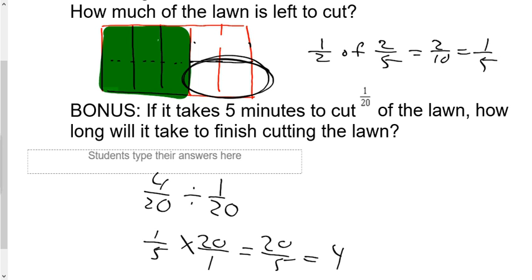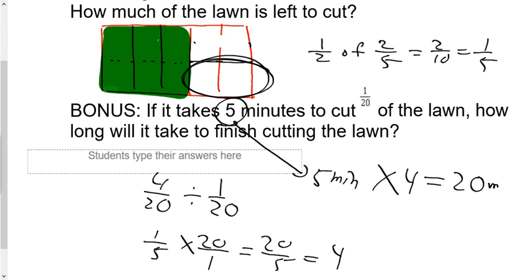So 4/20ths has how many 1/20ths in it? The answer is 4. So therefore, 1/20th of the lawn, how many are there? There's 4 of them. So therefore, 5 minutes each multiplied by 4 means that in order to cut 1/5 of the lawn, and 1/5 is equal to 4/20ths, it will take 4 5-minute increments, or 20 minutes, to cut the lawn.